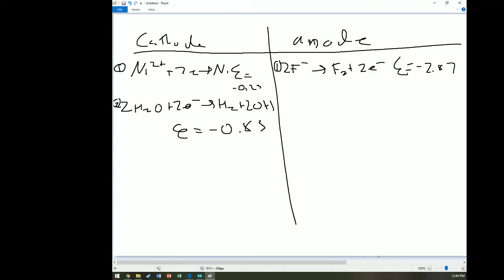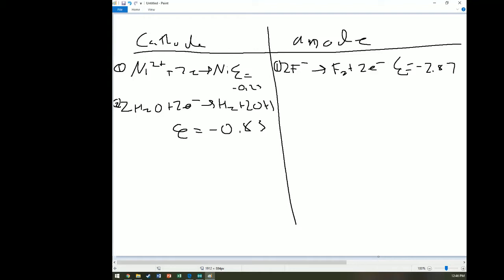Although it's not immediately obvious, there's another one here, 2H2O. No, that's an oxidation half reaction. I look for other ones involving water on the reactant side, and I can't find any, so I'm going to stop there.